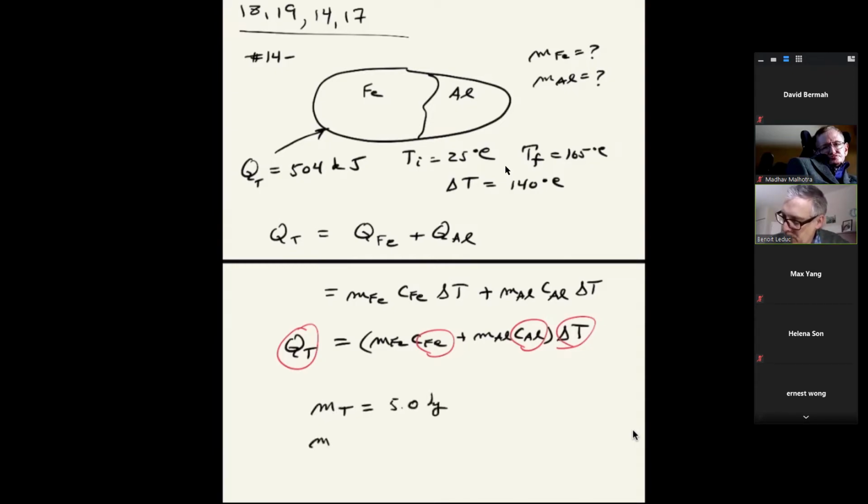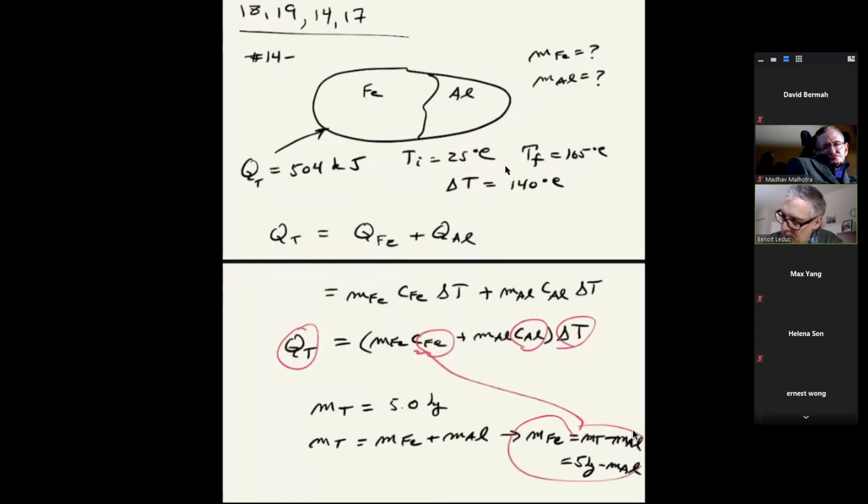The total mass of the object is the mass of the iron plus the mass of the aluminum. So you isolate for one. Let's isolate for the mass of the iron. Doesn't really matter. It's going to be 5 kilogram minus the mass of the aluminum. Then you just put it back in here.